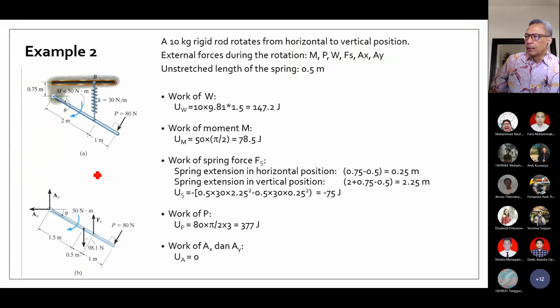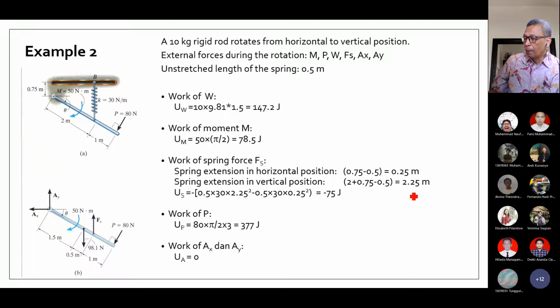And because the unstretched length is 0.5, the elongation will be 2.75 minus 0.5, and you obtain this value. So at the beginning, the spring extension when the bar is in the horizontal position is 0.25 meter, and its extension when the bar is in the vertical direction is this length.